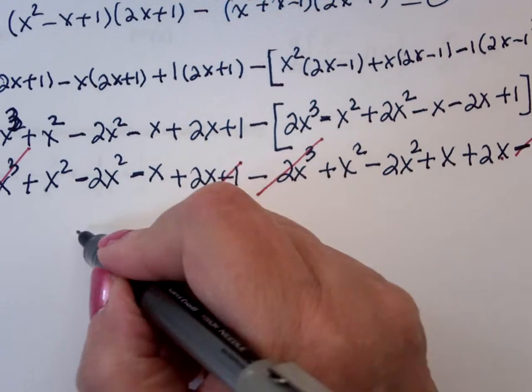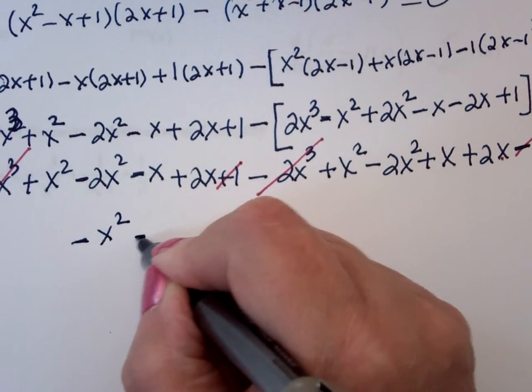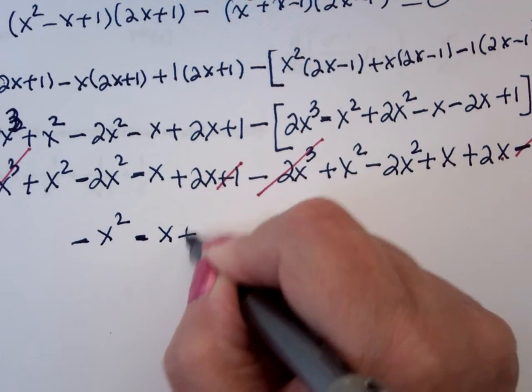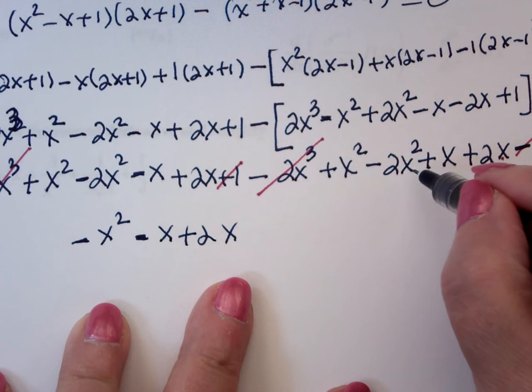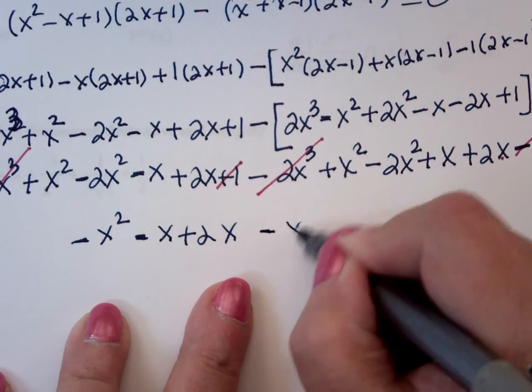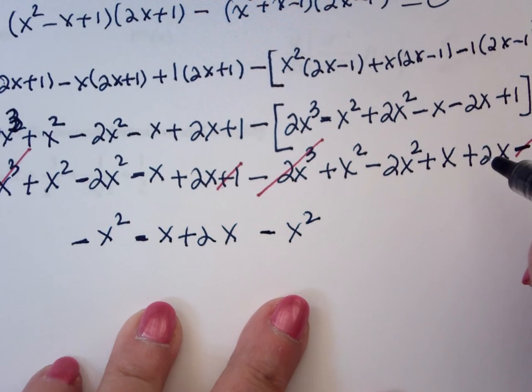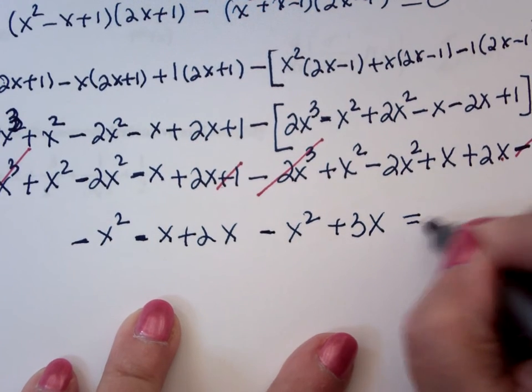This is going to be a minus x squared and a minus x plus 2x. x squared minus 2x squared is going to be a minus x squared. A plus x and a plus 2x is a plus 3x, equals 0.